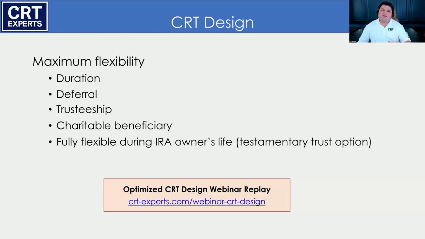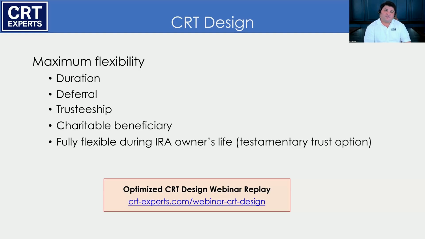Once we've decided, okay, the client wants to implement this planning, now we can talk about the CRT design. When it comes to CRT design, here at CRT Experts, we look at CRT design through the lens of the taxpayer, the non-charitable beneficiary.